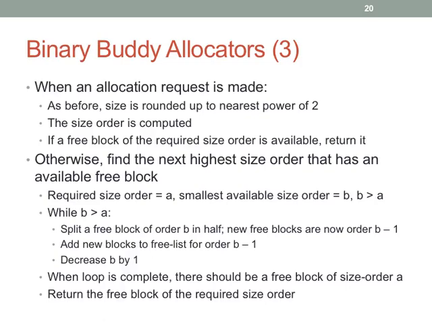So while B is larger than A, we take a free block from B, we split it into 2 buddy blocks that are now size order B minus 1, and we decrease B by 1. So we might take a big block, split it into 2 small ones, and then we take one of them and split it again, and then one of those again, until we end up with blocks that are the size that we need, A. And then we're done.